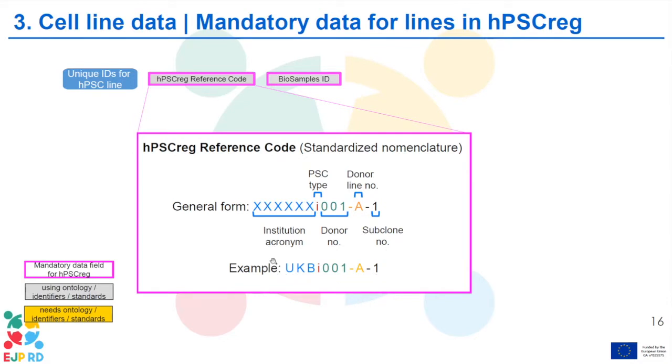As an example, you can see here for the University Clinic Bonn, UKB, this is apparent from the institutional acronym. It is an induced pluripotent stem cell line. This is the first line from the first donor, and there's a subclone, so it has been genetically modified. So at a glance, using these identifiers, you can get a little bit of information about the stem cell line.